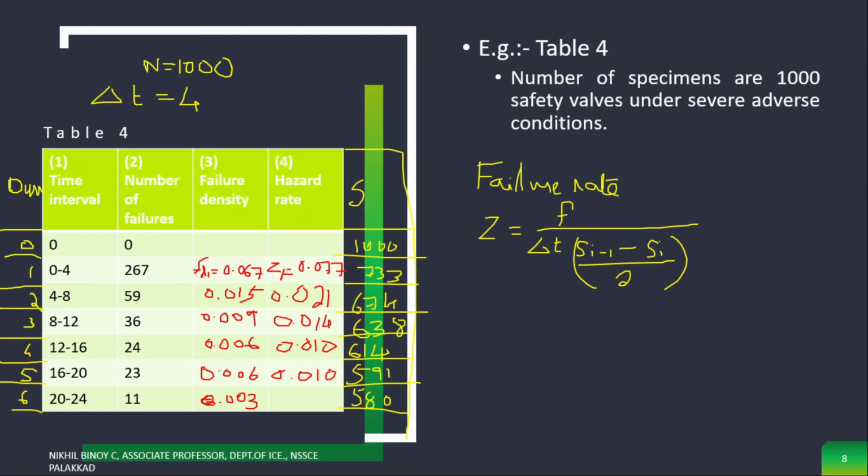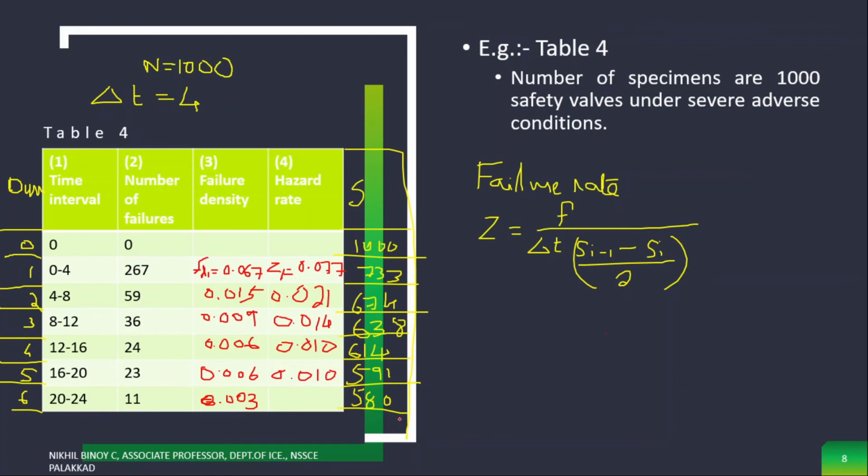Okay. So now during the sixth duration, failure rate is 11 divided by 4 into, now number of survival before the sixth duration is 591 plus number of survival after the sixth duration is 580 divided by 2.